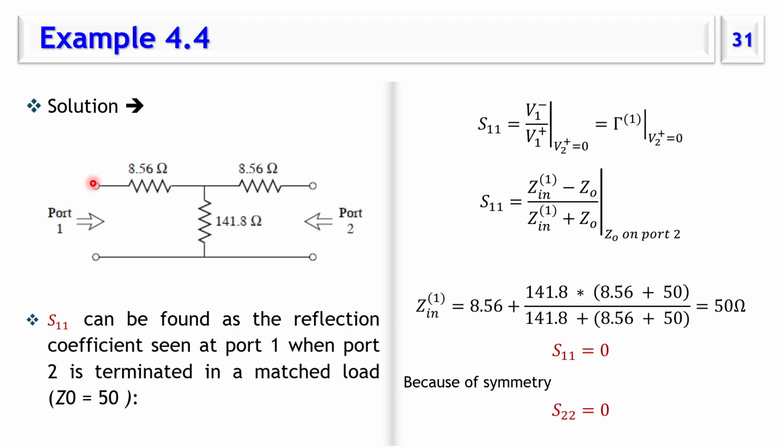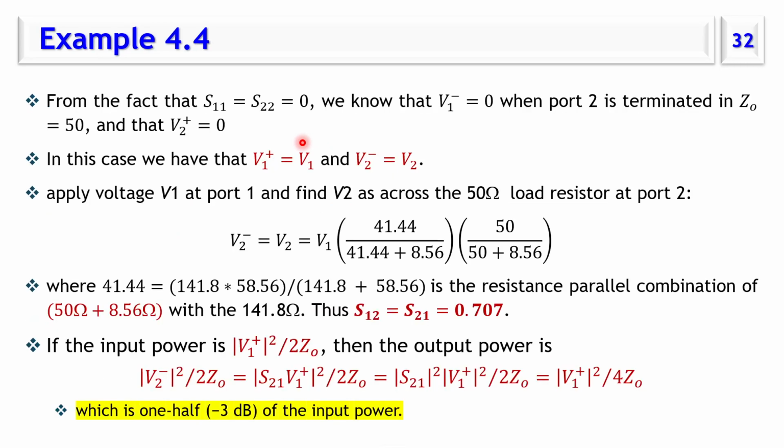So the voltage here will be applied across 8.56 and 41, and this is the current, and there is a potential difference between 50 and 8.56. So just doing the math, it's straightforward circuit theory. We find that the ratio S12 or S21 will equal 0.707, which is 3 dB.